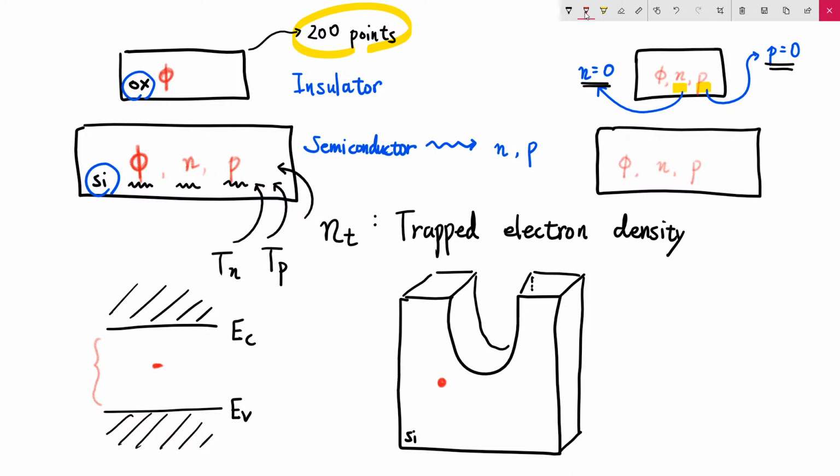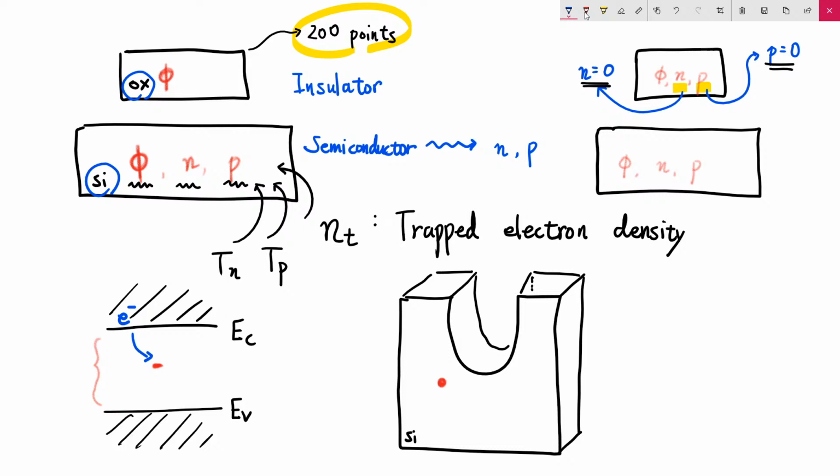So now a certain electron previously located in this state can emit, for example, a phonon and lose its energy and make a transition to this trapped state.